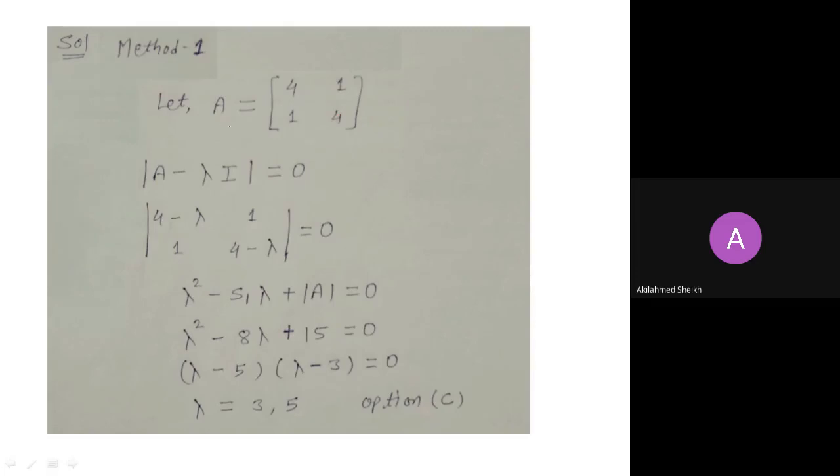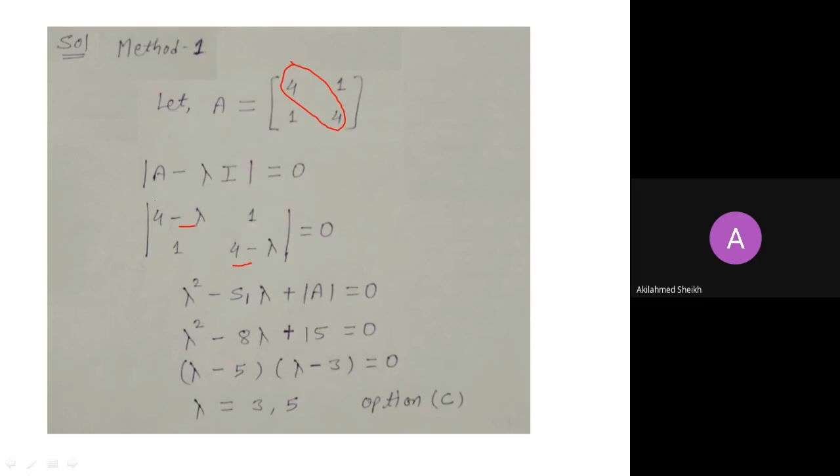Here A equals the given matrix 4, 1, 1, 4. Now we just find determinant of A minus lambda I equal to 0. For simplicity, we just add minus lambda to diagonal elements. So we get here 4 minus lambda and 4 minus lambda, and the remaining elements as it is.